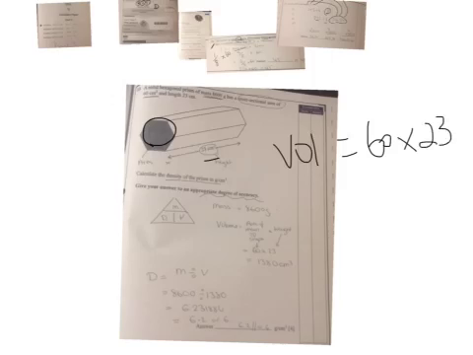Now, generally speaking, the volume is always the area of the front multiplied by the length or the height. They generally, I've noticed, have always given you the area. So to find the volume, all you do is you multiply the area of the front, which is 60, times the length, which is 23. And that gives you a volume of 1380 centimeters cubed.